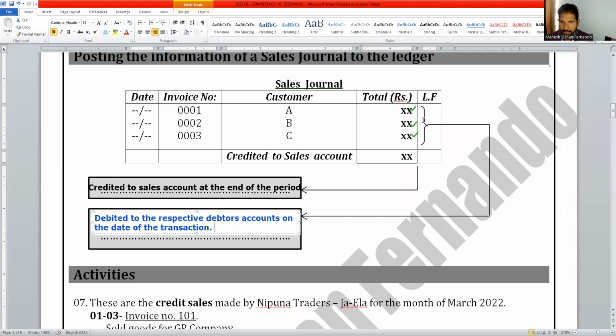The individual values are required to be debited to the debtors' accounts on the date of the transactions.